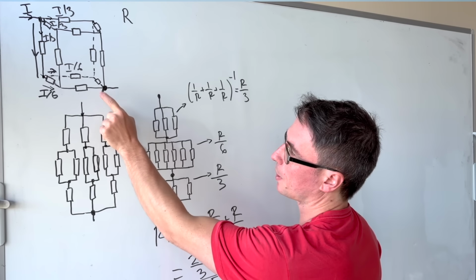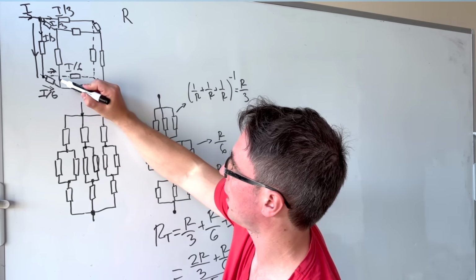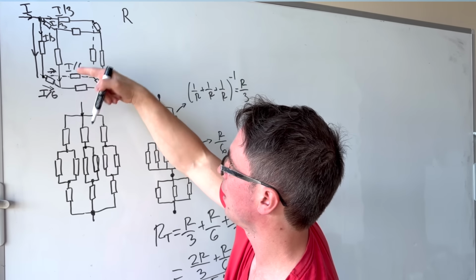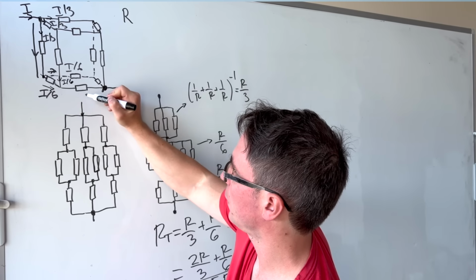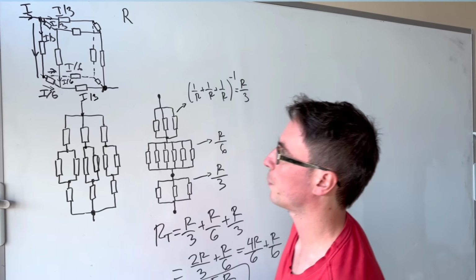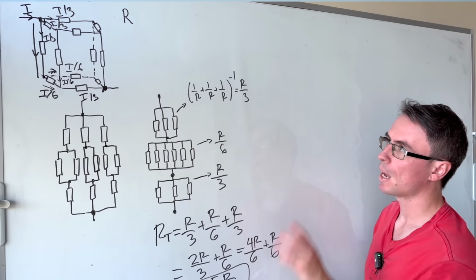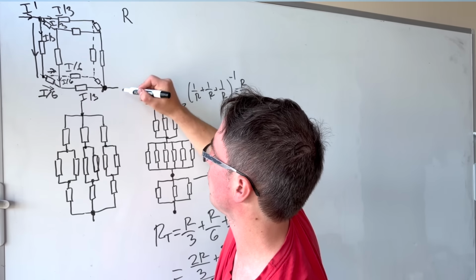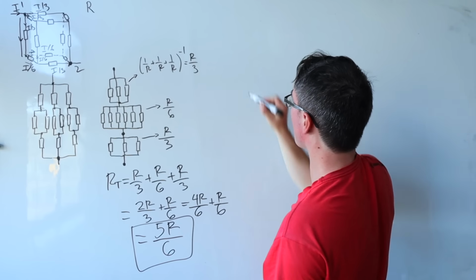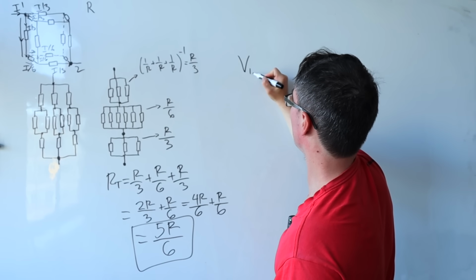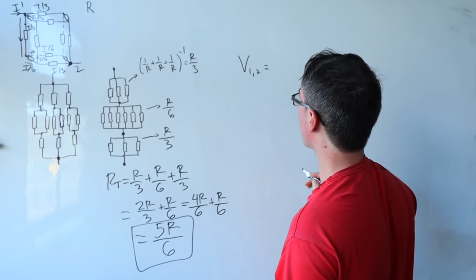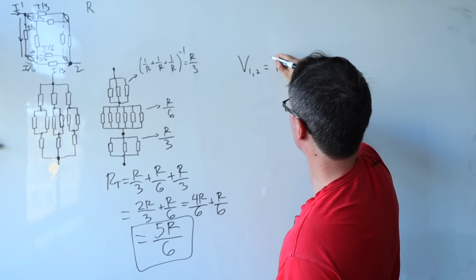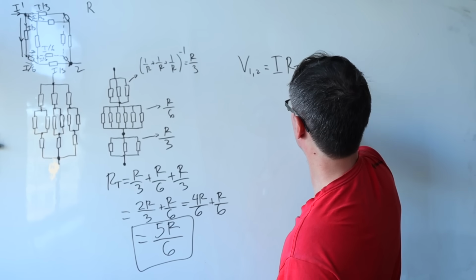Now, by the time the current goes through here, we would have had a little bit more flow in from the one above, I over 6, which should give us I over 3 across this one. What will the potential difference be between those 2 points? Let's give them some names: the potential difference between 1 and 2. Well, the potential difference between 1 and 2, what we're looking for, is going to be equal to I times R total.